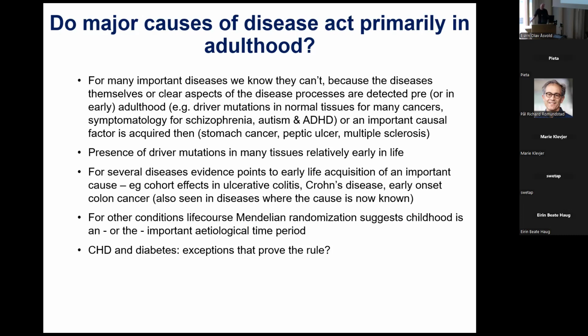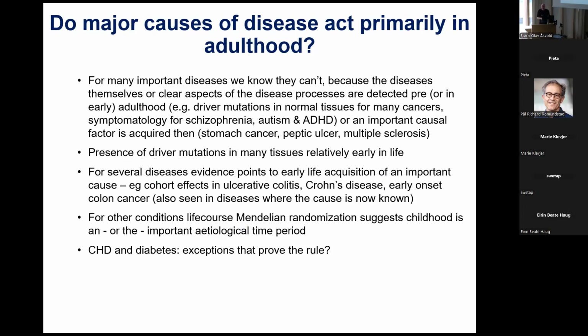So there are these earlier life influences on these conditions which one would think of as being influenced by adulthood circumstances. Maybe one reason that this has not been adequately thought about is that post-Second World War epidemiology was basically epidemiology of coronary heart disease and lung cancer, and then type 2 diabetes.